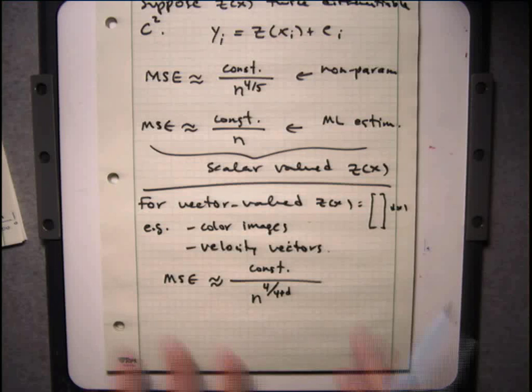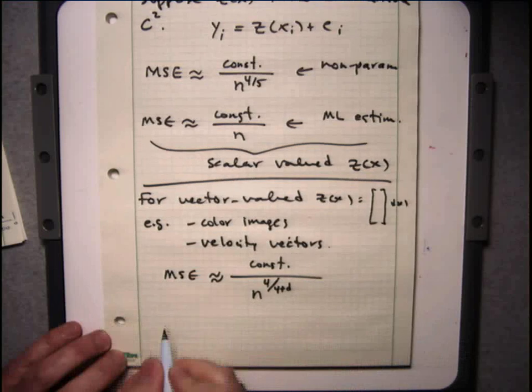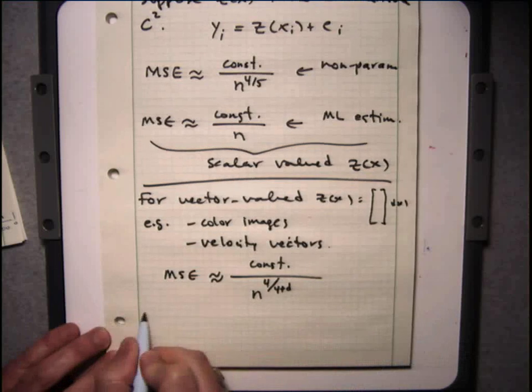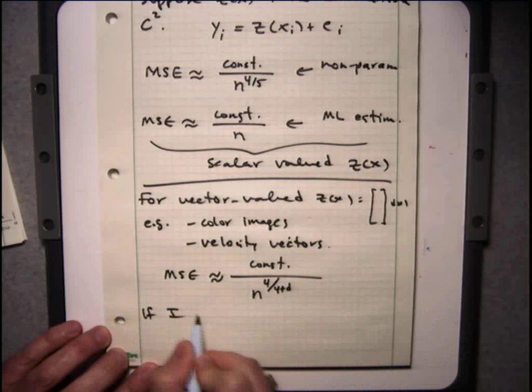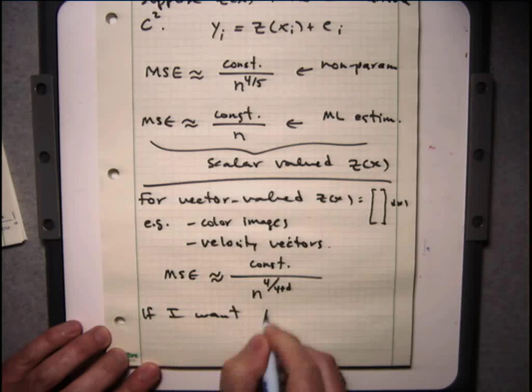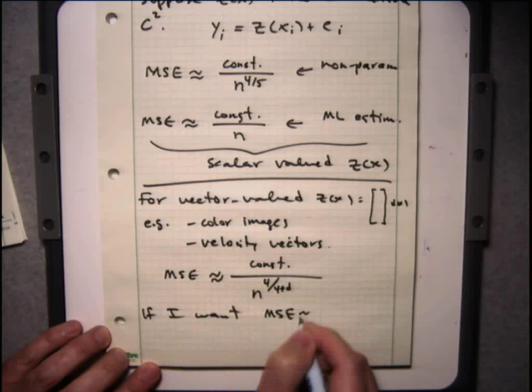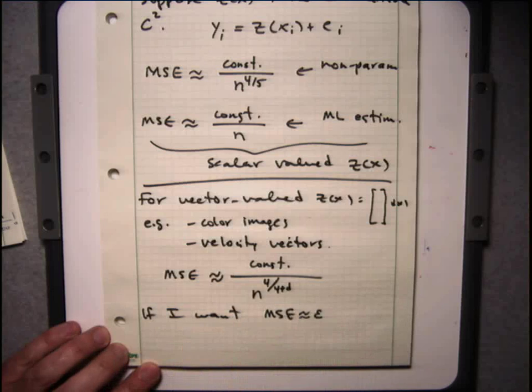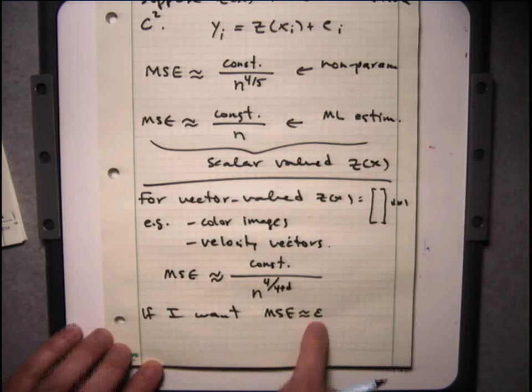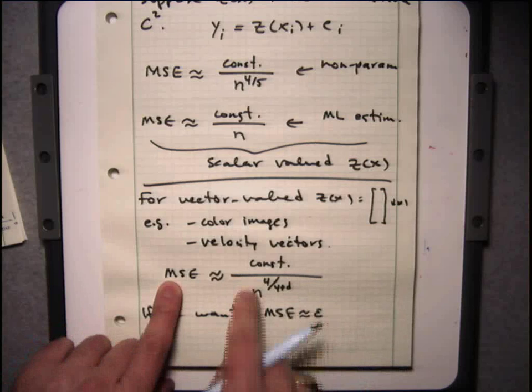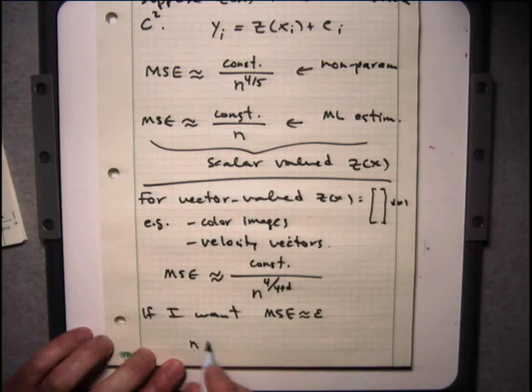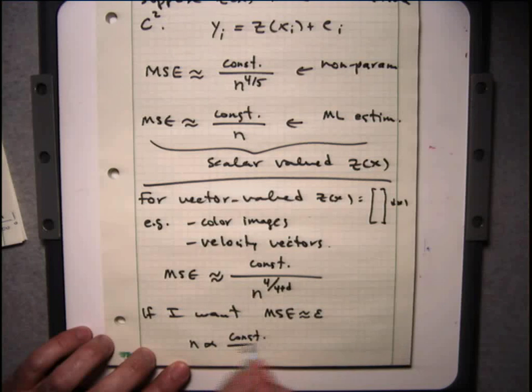So let me write this in a slightly different way. Suppose I want my mean squared error to be, let's say, approximately some small number epsilon, okay? Then if I set this to epsilon and then I solve for what n has to be, it turns out that n has to be proportional to some constant divided by epsilon to the d over 4.